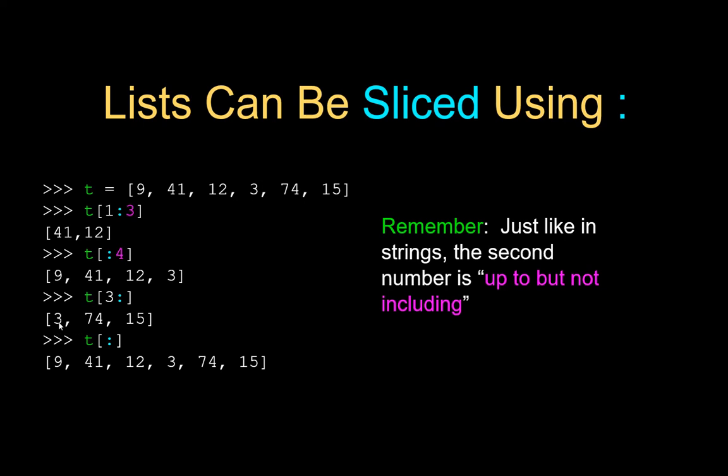So we start with 3 and we go to the end of the list, which is 15. And if we do square bracket colon and nothing at the beginning, nothing at the end, Python will assume we're going to have the whole list here, which will print it here.